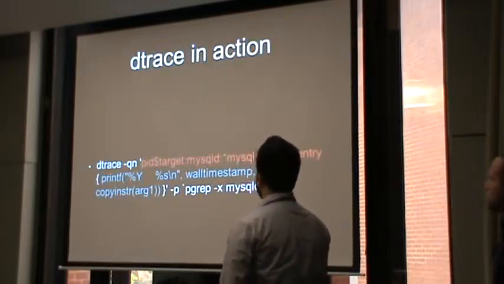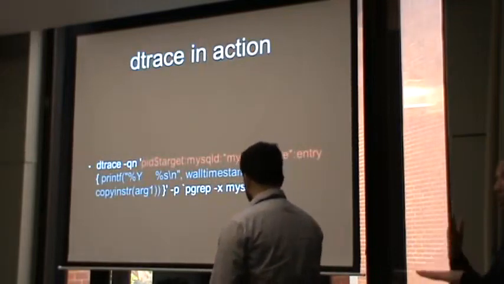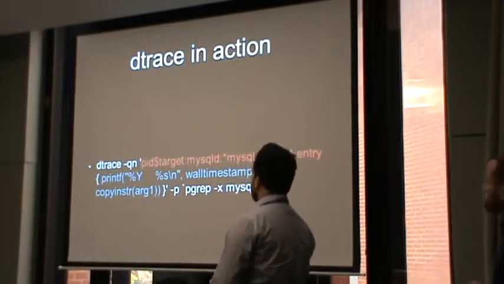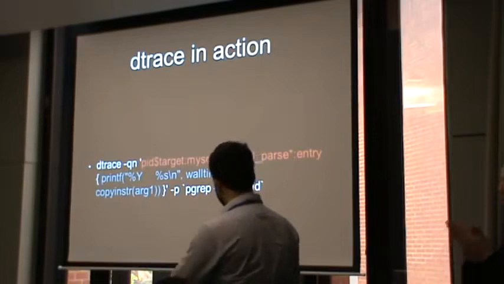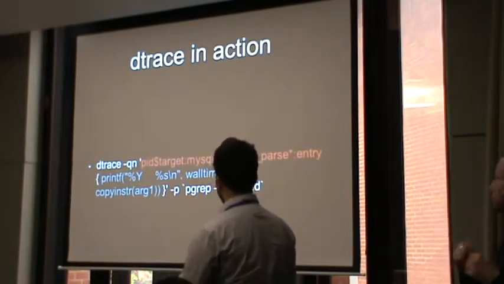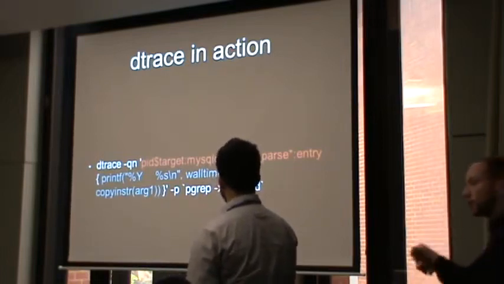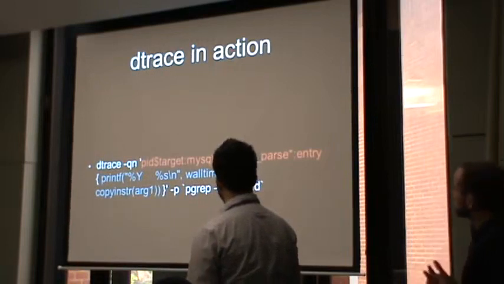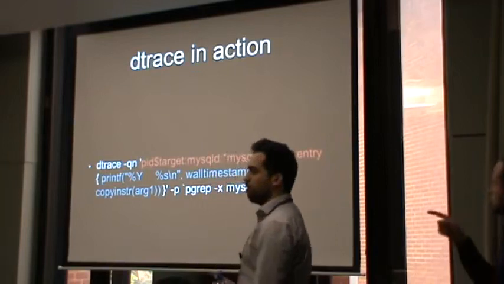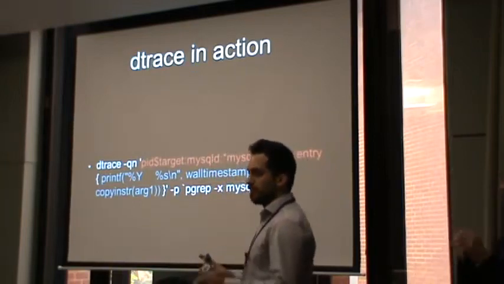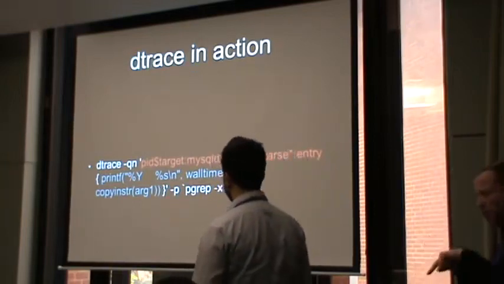What dtrace looks like in action. The -qn is effectively quiet mode, then dtrace, and the red bit is the target process. So we are looking for a MySQL daemon. We're looking for a query that's wildcard mysql_parse. mysql_parse is what MySQL calls every time it wants to perform a select, insert, or whatever statement.